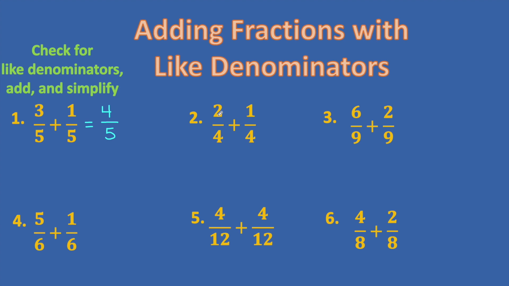Adding the numerators across, you would add 2 plus 1, which equals 3. That's our numerator. Then we copy our denominator down, which is a 4. So our answer is 3/4.